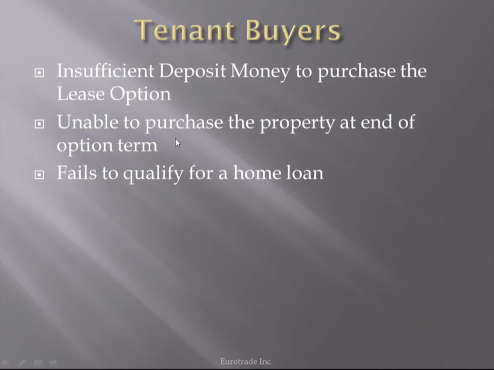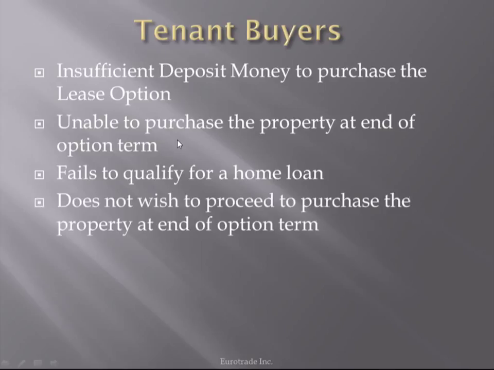A lot of tenant buyers actually come along wanting to buy the property, but they have poor credit, and it is hoped that within the period of the option term that their impaired credit can be improved so that they can then qualify for the home loan. However, in probably about 40% of the cases, the tenant buyer cannot qualify for a home loan. Basically means their credit is not repaired.